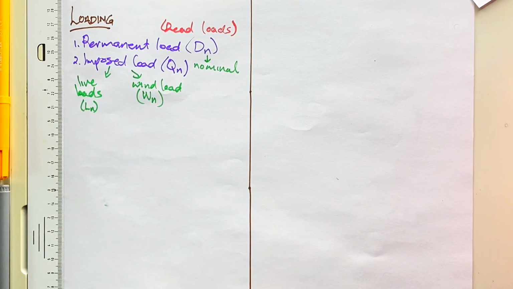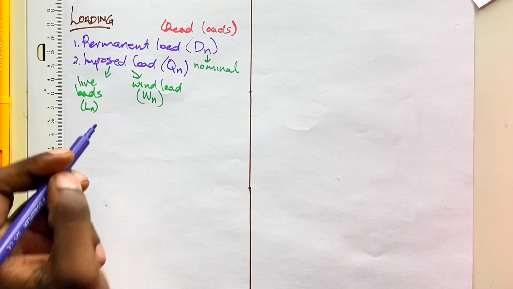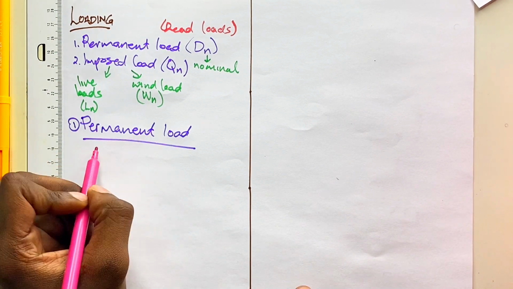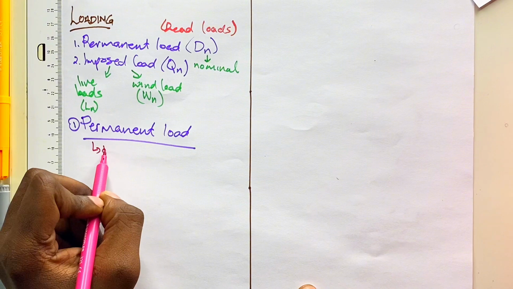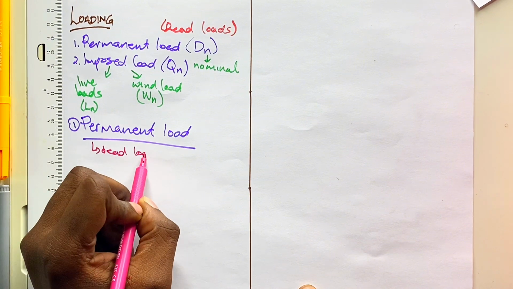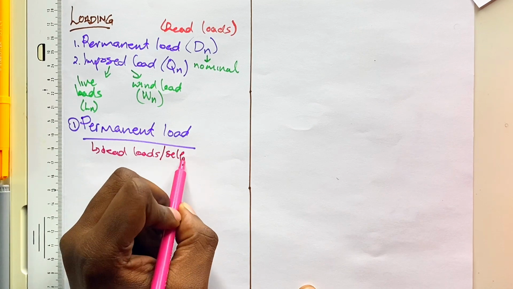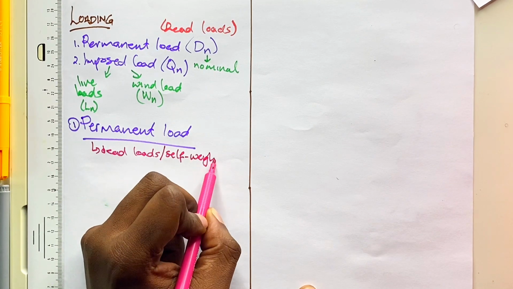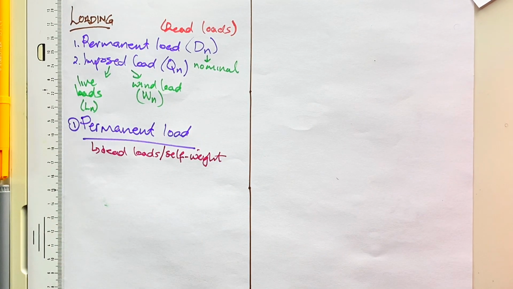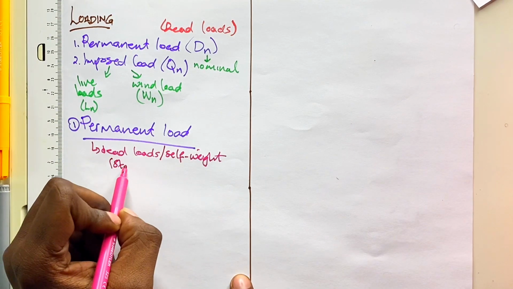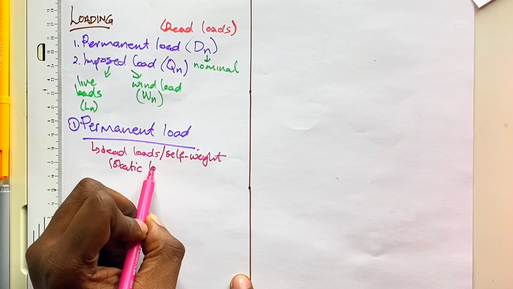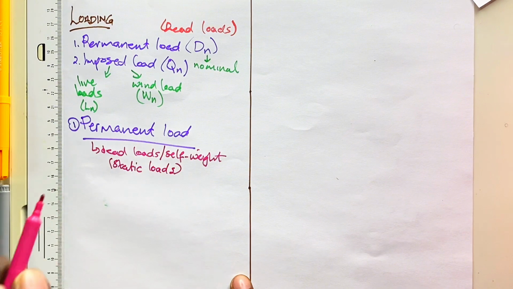Let's first talk about the permanent load. As I've already mentioned, with permanent loads, you will have dead loads, or you will have the self weight of a structure. Let me also include that they are also called static loads.